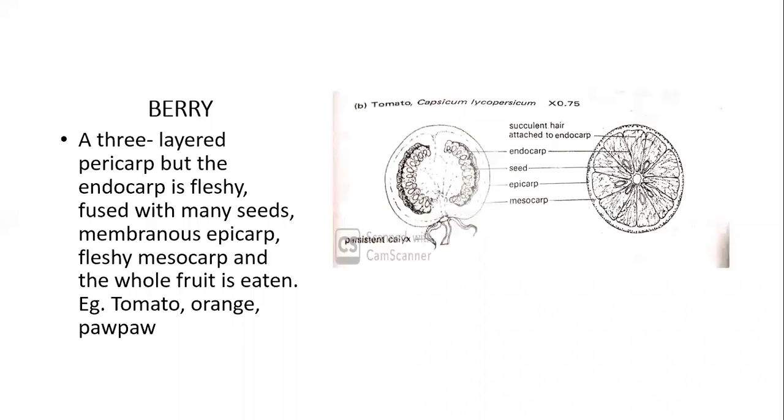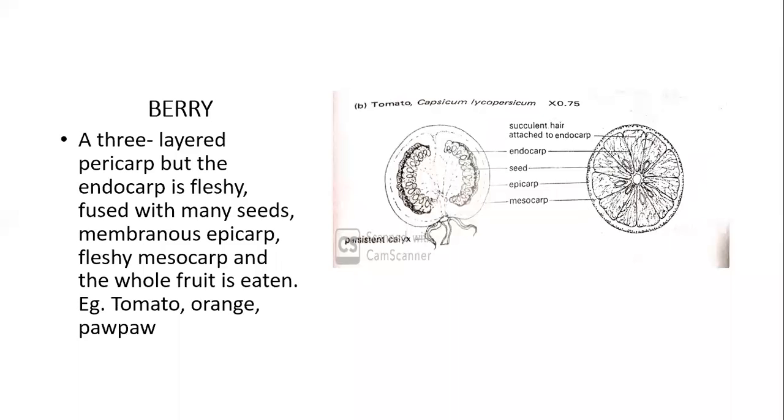Two, the berry. The berry is also a three-layered pericarp, as I made mention. So it's made up of the epicarp, that is the outer covering, then the mesocarp, the inside or inner fruit wall, then the endocarp, usually found around the seed. Now with this one, that's a berry.